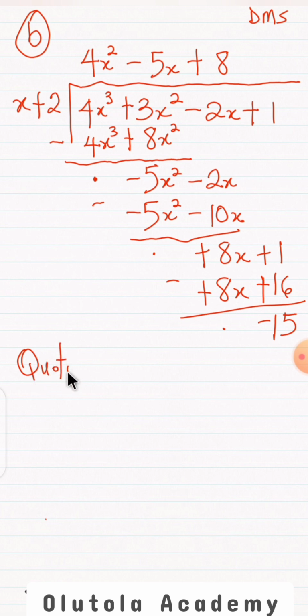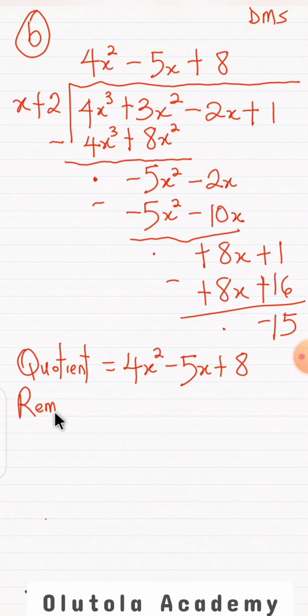So I have my quotient. My quotient is what I have up here. I have 4x squared minus 5x plus 8, and I have my remainder. My remainder is what I have down here. My remainder is negative 15.